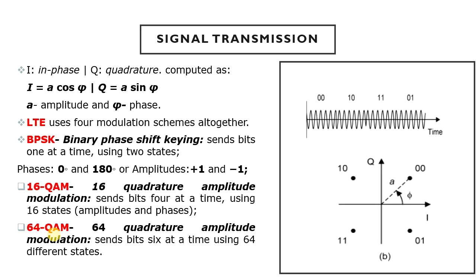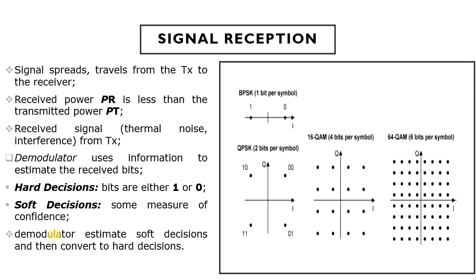LTE uses this scheme for a limited number of control streams, but does not use it for normal data transmission. 16 quadrature amplitude modulation, or 16 QAM, sends bits 4 at a time, using 16 states that have different amplitude and phases. Similarly, 64 QAM sends bits 6 at a time using 64 different states. So it has a data rate 6 times greater than the BPSK.